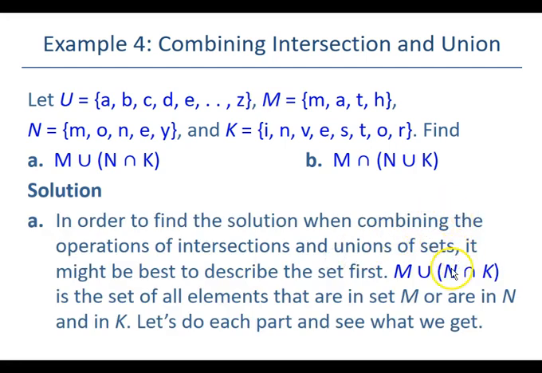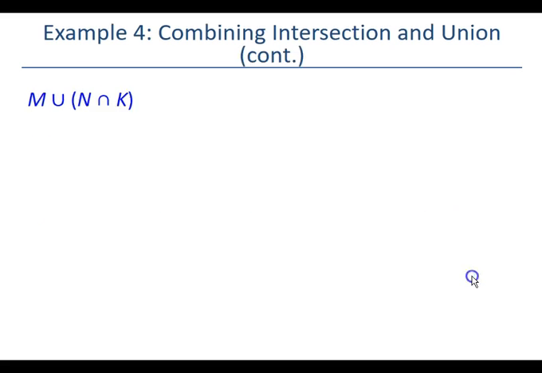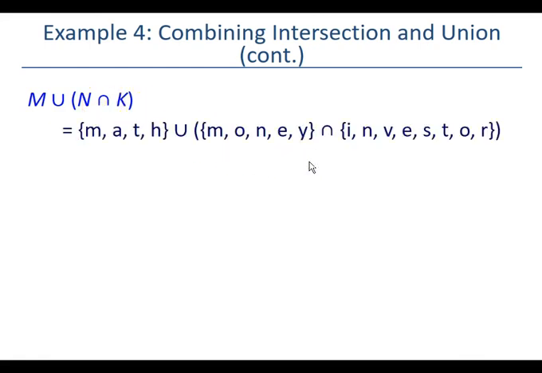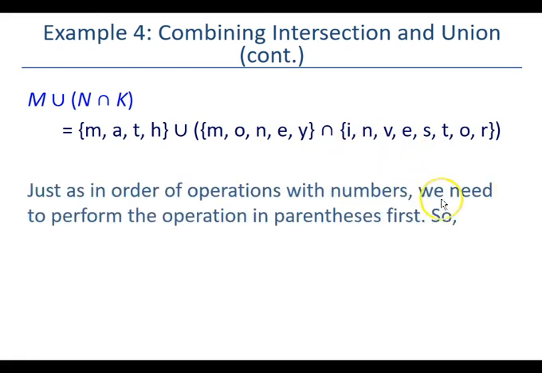Remember, you do what's in parentheses first. You're going to do the intersection. So, intersection. They've written it all out, which is nice, a nice way to do it. This way you can start underlining or whatever technique. Operations in parentheses first.